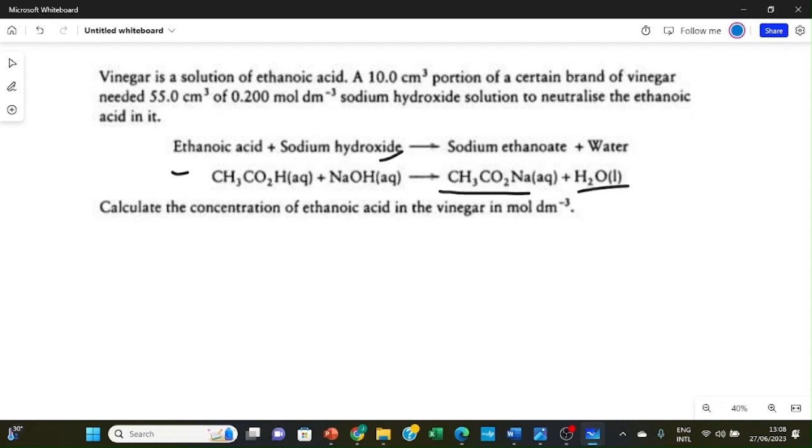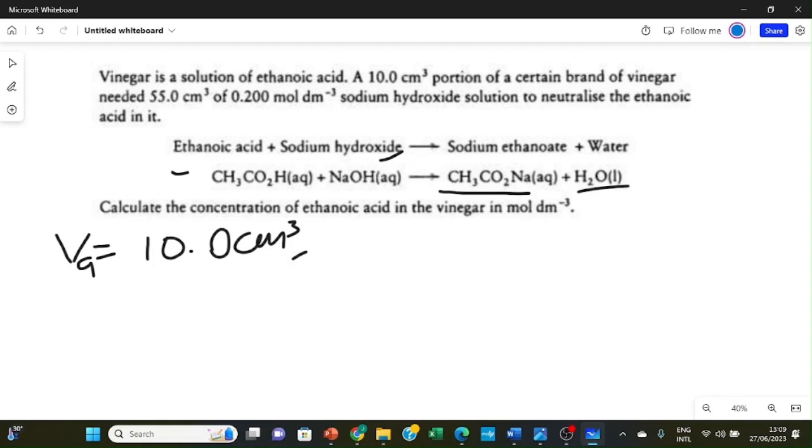Now from our previous lecture, we looked at solutions and concentration, and I gave you the formulas to use when you're asked to calculate concentrations and number of moles: the formula that relates molar concentration to mass concentration, number of moles to concentration in mole per dm cube, number of moles to mass, and number of moles to molar mass. So in this question, we are given the volume of the acid, which is the vinegar. Volume of the acid, Va, is equal to 10.0 cm cube.